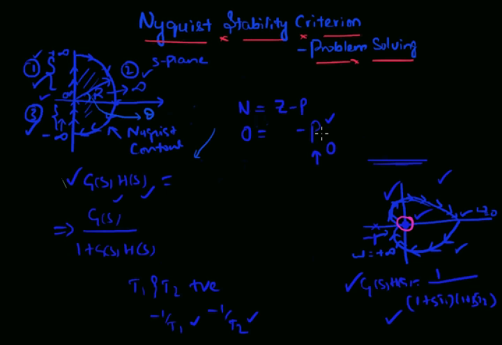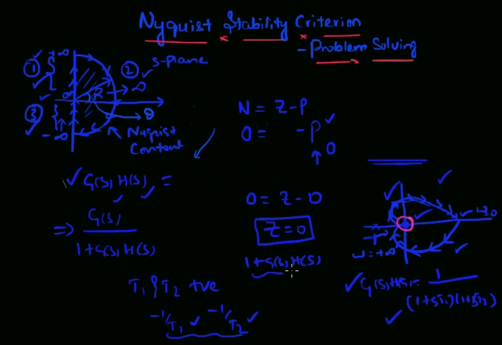Remember again, P is the number of poles covered by this Nyquist contour. As these two are not in the right half of the S-plane, they are not covered by this Nyquist contour, so P is 0. Now 0 equals Z minus 0, so Z should be 0. Z is the number of zeros of 1 plus g of s times h of s.